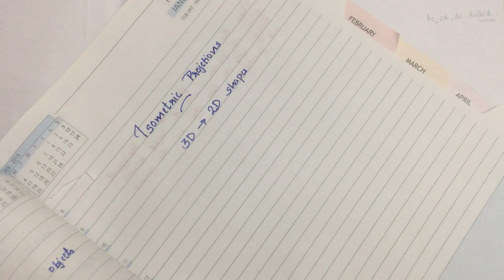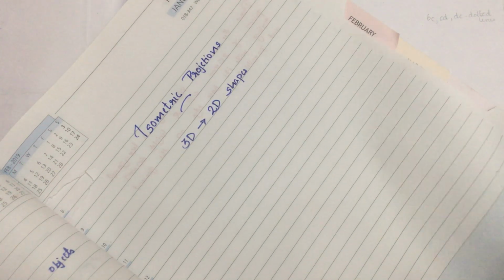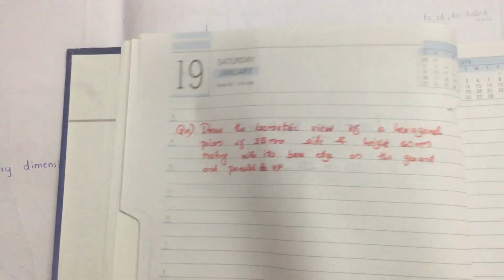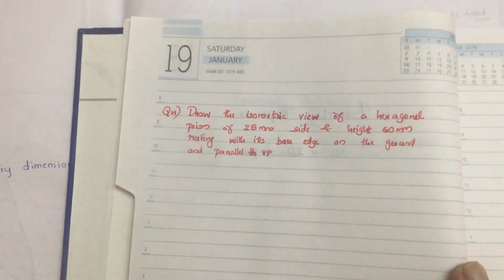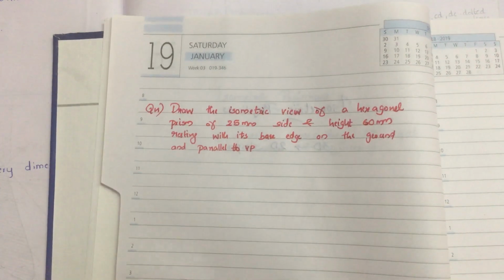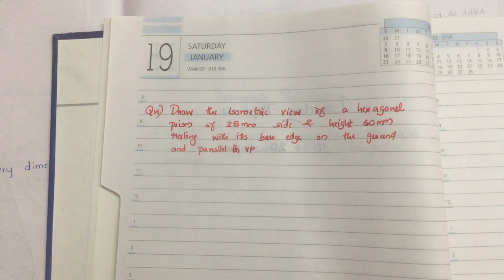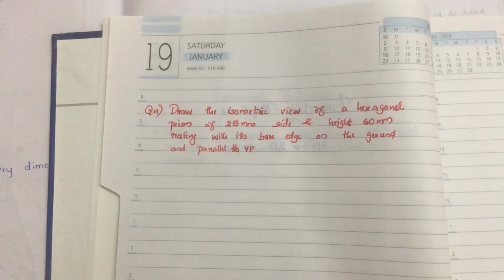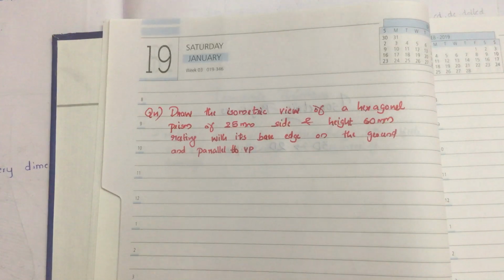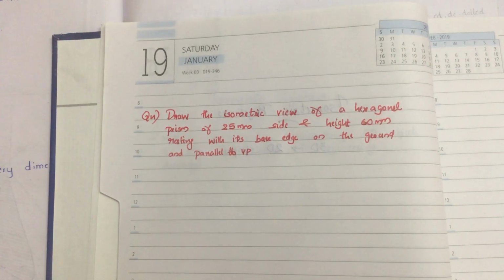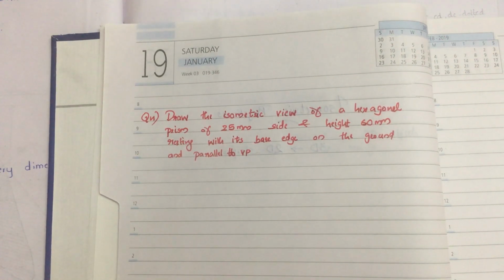How to draw this isometric view? Firstly, we are taking a question on the method of drawing in terms of a hexagonal prism. The question is: draw the isometric view of a hexagonal prism of 25 mm side and height 60 mm, resting with its base edge on the ground and parallel to VP.